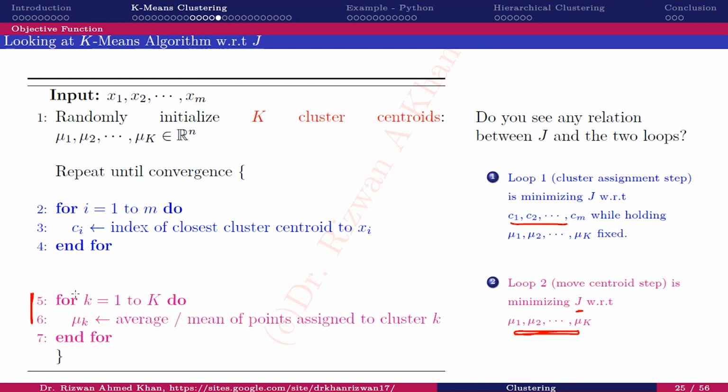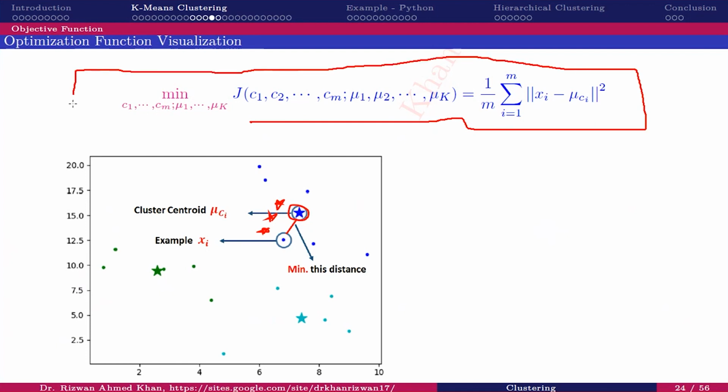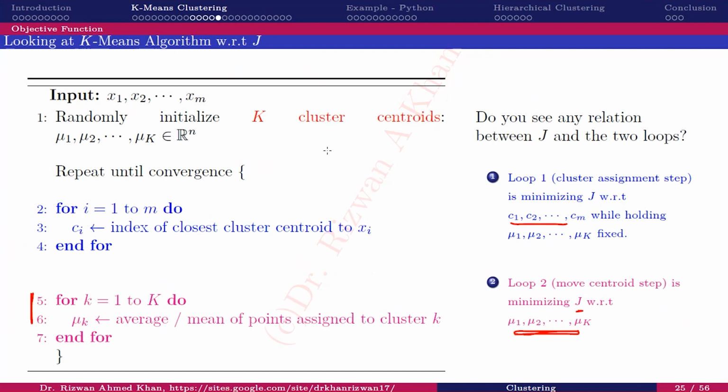So mathematically speaking, these two loops combined are minimizing the cost function, or distortion function, of K-means clustering. We can prove this mathematically, but intuitively, as I have explained, this cost function is getting minimized by these two steps. The first step is the cluster assignment step, the second step is the move centroid step.